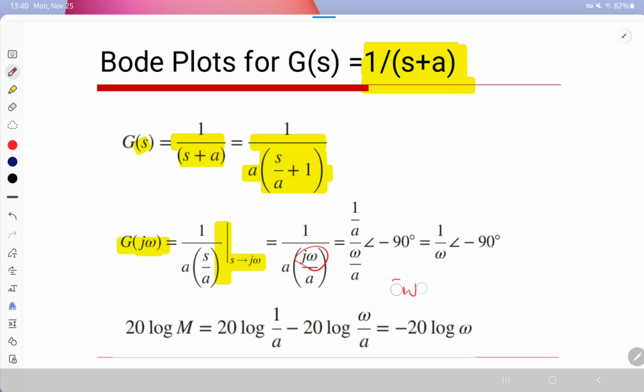What you're trying to find is what happens to the whole magnitude and what happens to the phase.